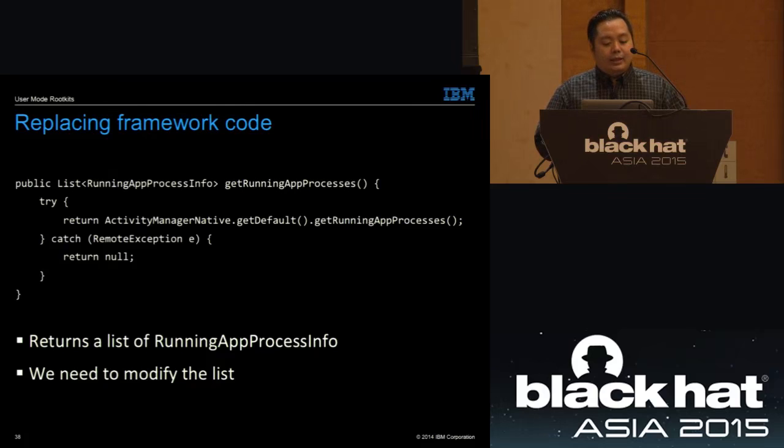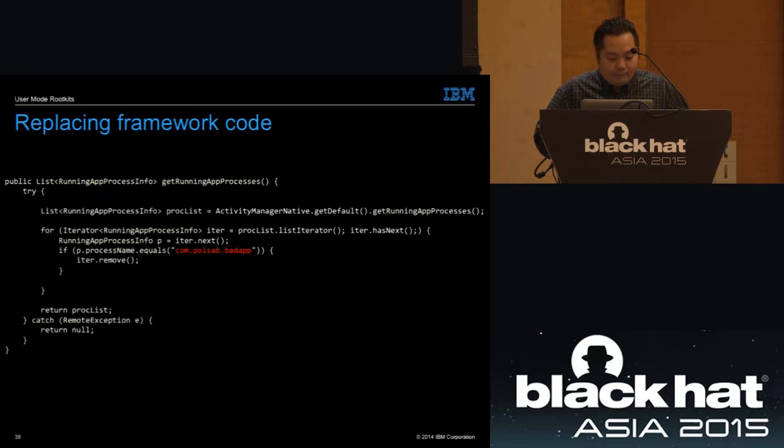As you can see, it simply returns a list of RunningAppProcessInfo. This class contains information about the running app process, including the process name for that running application. So we need to modify the list that it returns.